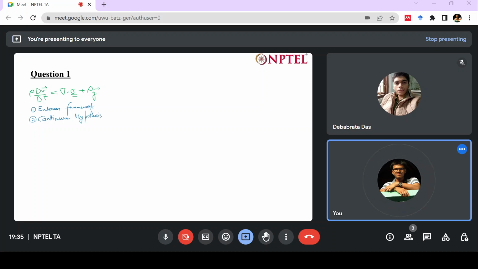Have you used anything more than this? No. So this equation is valid for everything which falls under these two assumptions. This is valid for fluids as well as for solids.